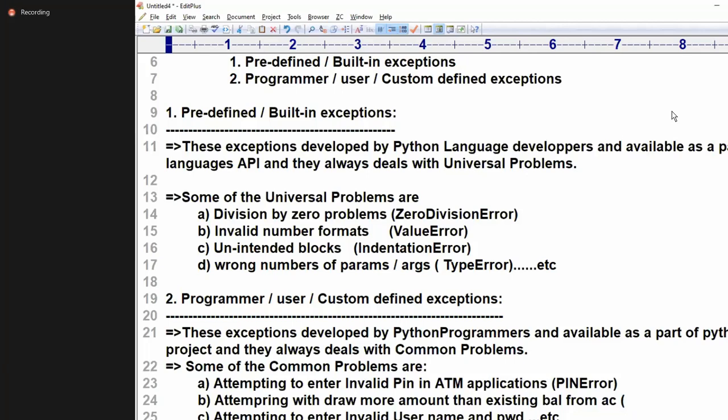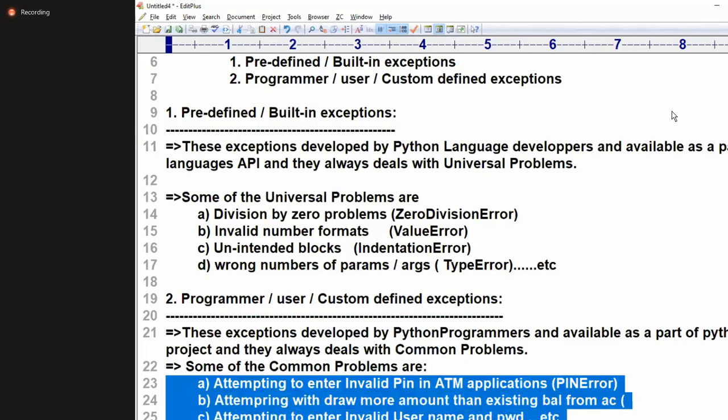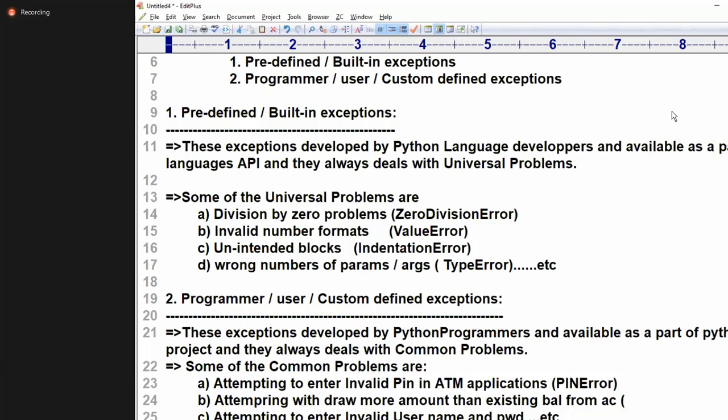When we accept any type of input, immediately at the beginning you think two things: valid input or invalid input. If it is valid input, process it and give the result. If it is invalid input, generate the exception you developed and immediately give the user-friendly error message.